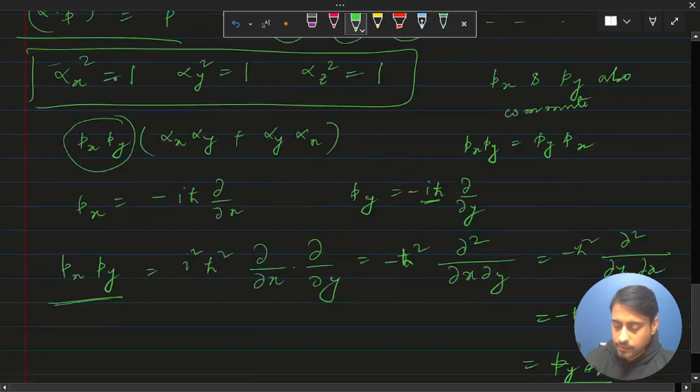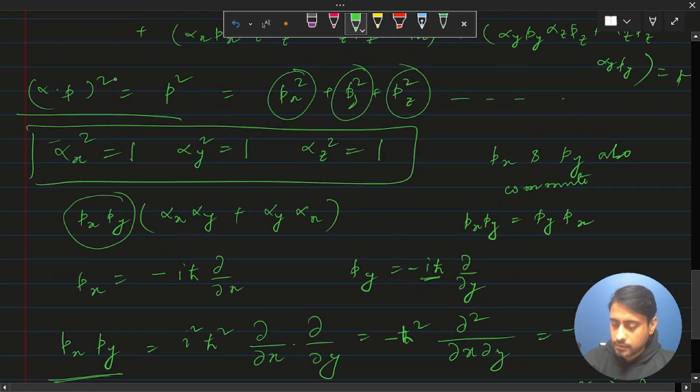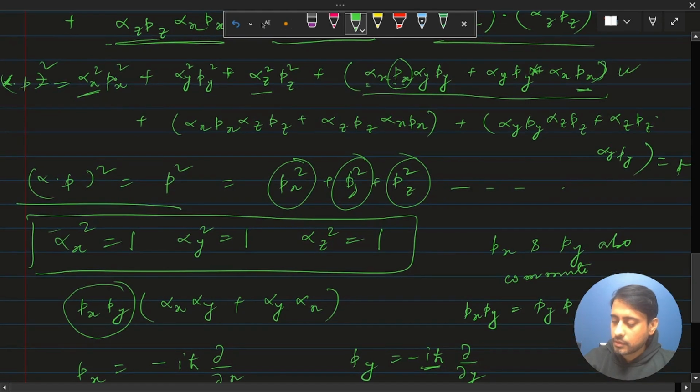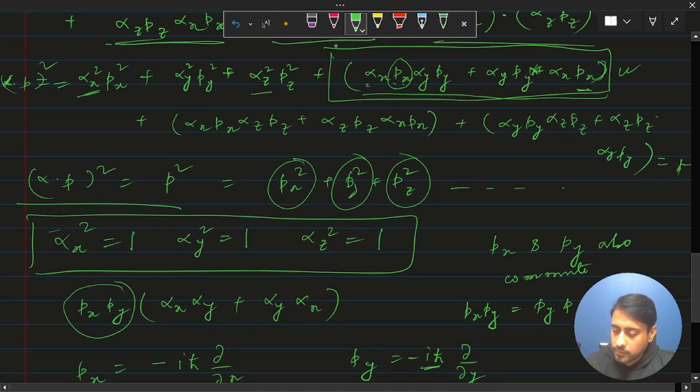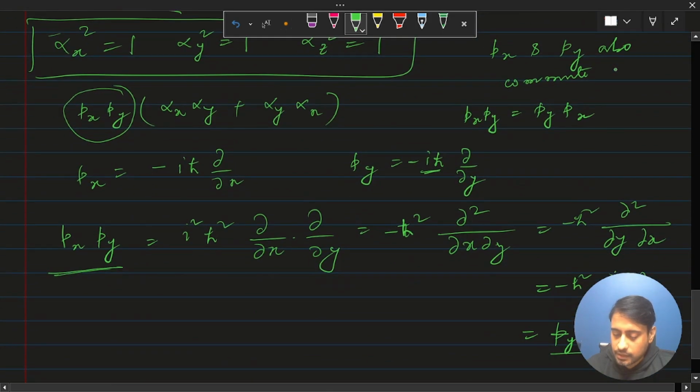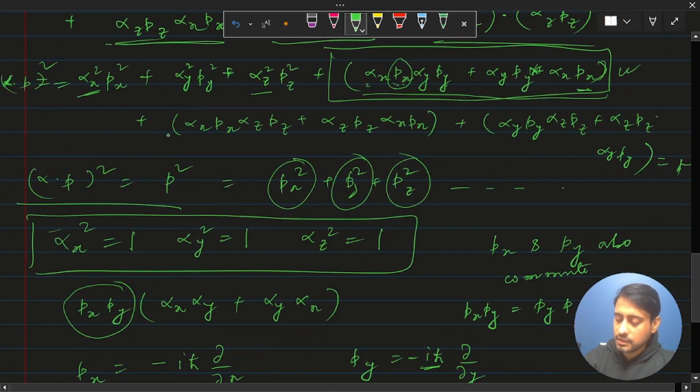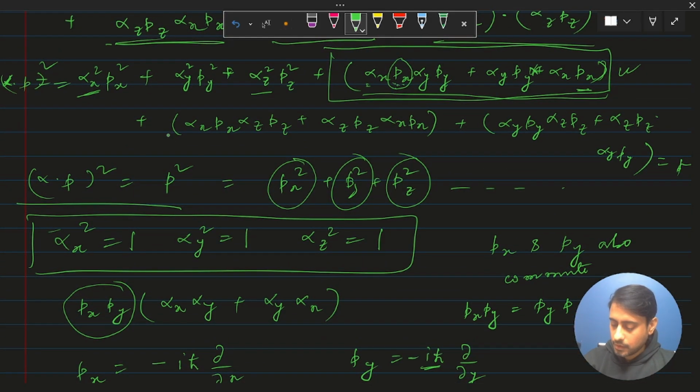So we have written these terms. We are only writing this bracket for now. This expression can be written like this. We have taken px py equals py px and taken this to the left hand side, taking it as common, and now all these three terms can be written like this.